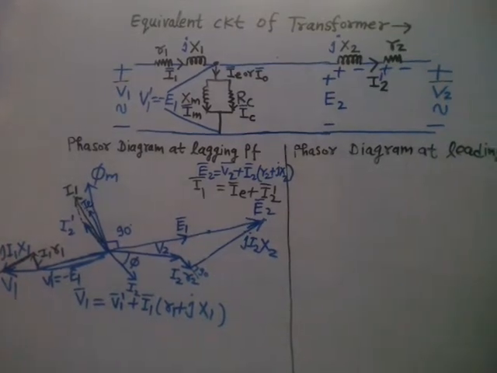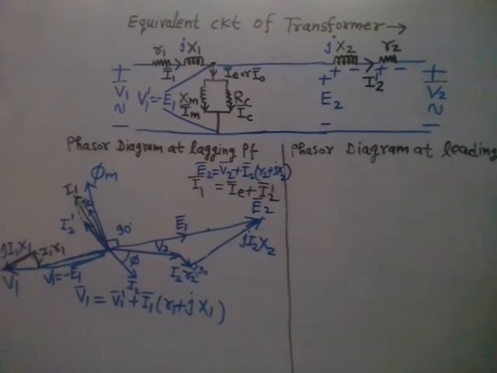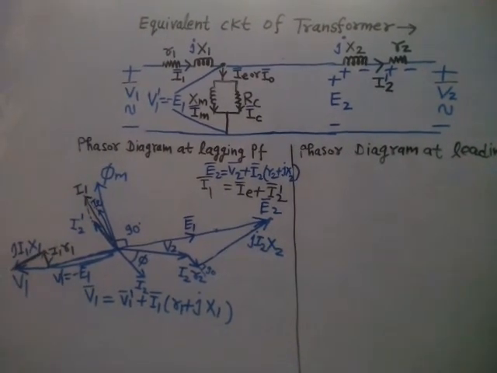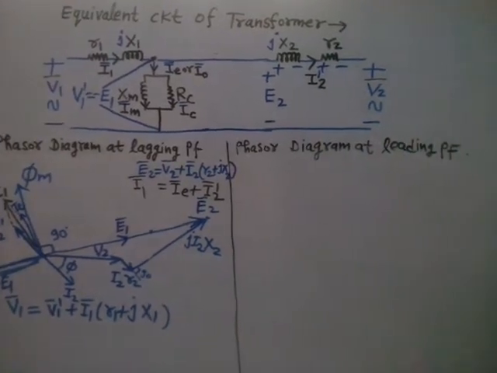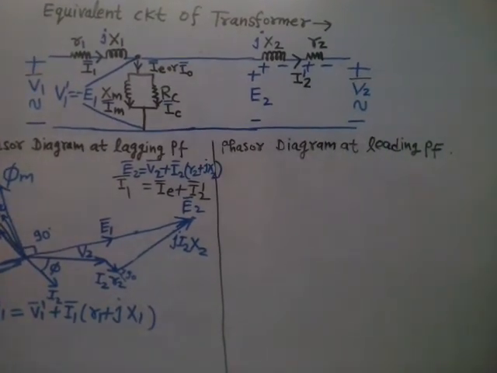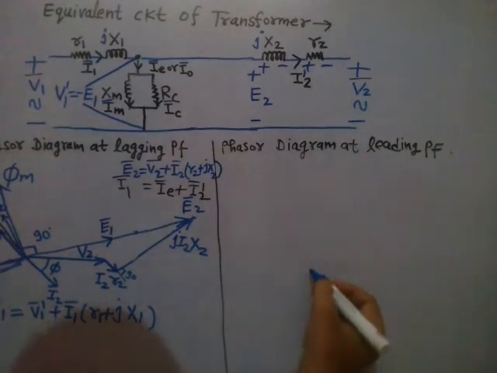Similarly, you can draw the phasor diagram at the leading power factor. Start by the same method. If the power factor is leading, in that case I2 will lead the voltage V2, right?